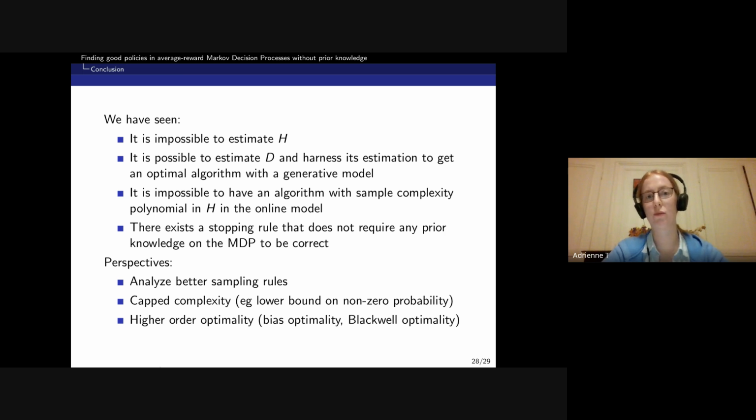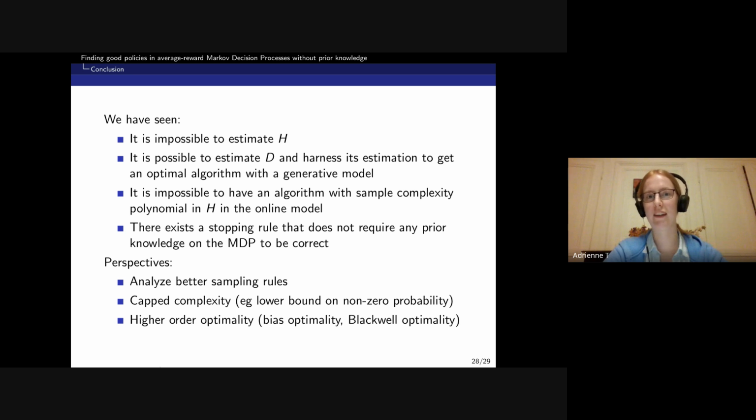Also, another thing that would be interesting to see is, so far we just assumed that we had nothing about H, about D, we know nothing. But we could try to only look at simple enough problems and say, okay, the very, very difficult ones, it's fine, I'm not going to get them. For example, the very problematic settings is when you have very small but non-zero probabilities, when there's a state that's just very, very hard to reach.